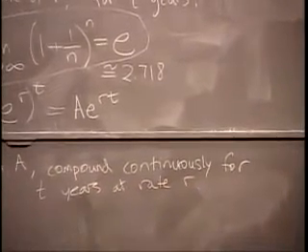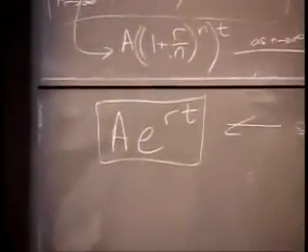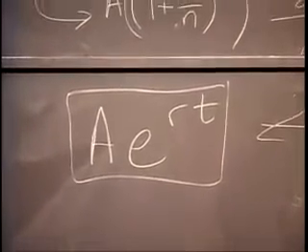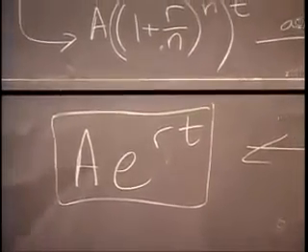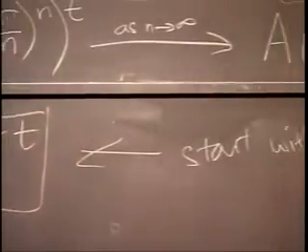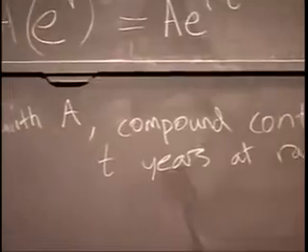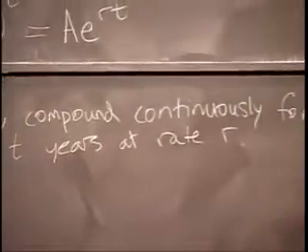And you need to know this. So notice there's no n anymore. n is sort of infinity. That's the result of taking that formula in the top box and replacing n by infinity. Of course, you can't actually replace n by infinity, but if you could, then it would look like this.